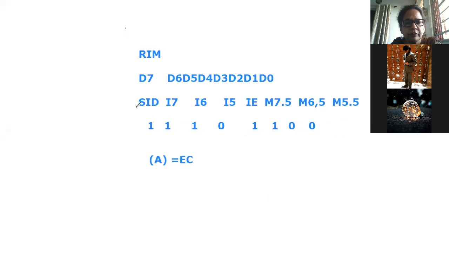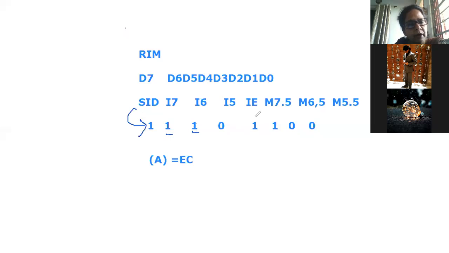What is the meaning of this? The SID pin is at high voltage. That means whatever data is received from the external device as serial input data is nothing but high. 7.5 and 6.5 are pending. The RST 7.5 and RST 6.5 are pending.